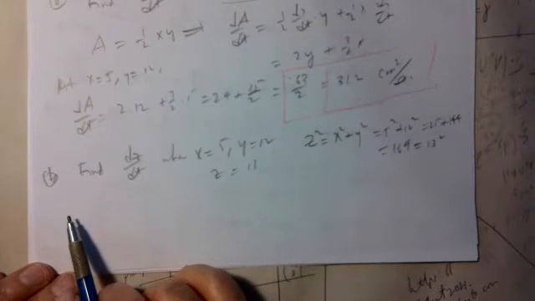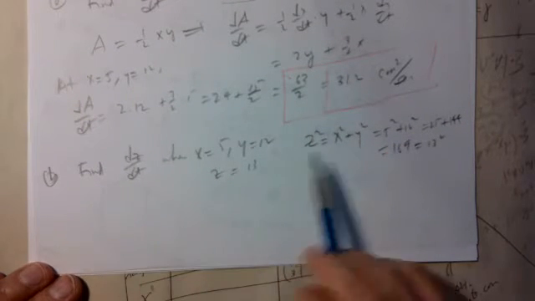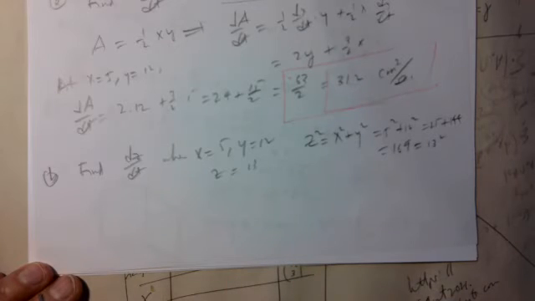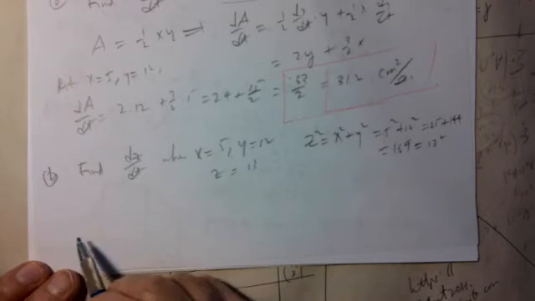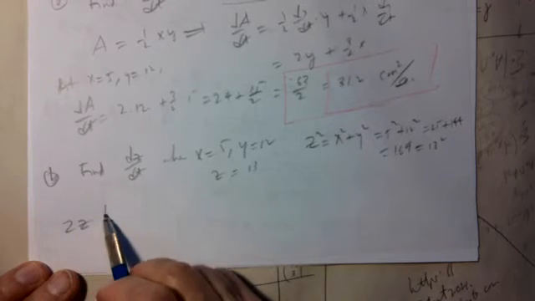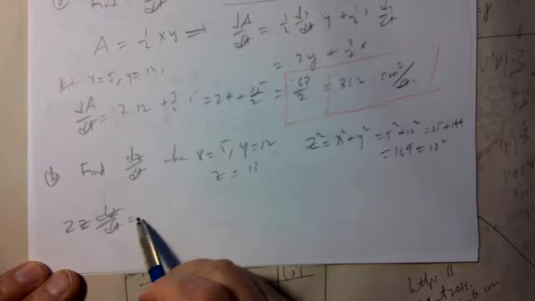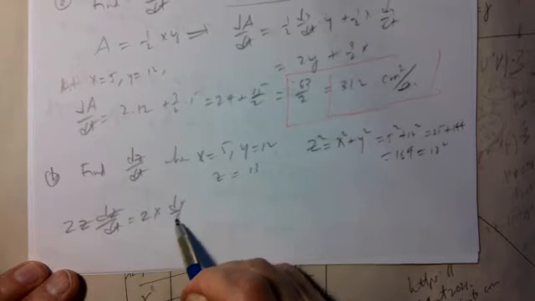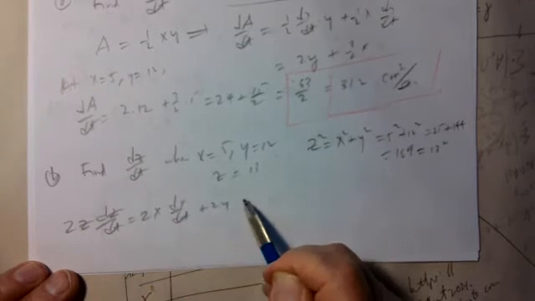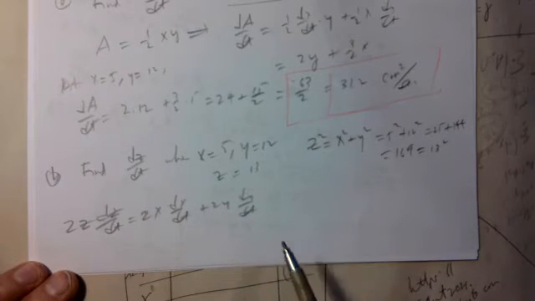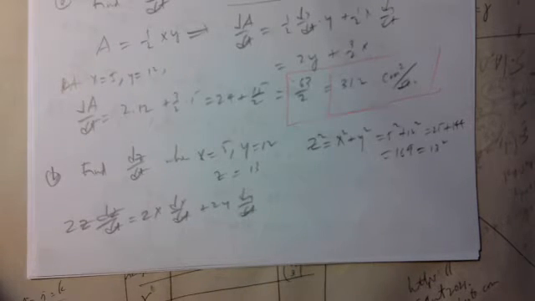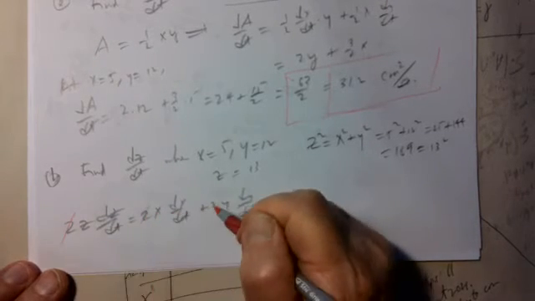So we can either solve the Pythagorean theorem for z, or we can just use implicit differentiation. 2z dz/dt is 2x dx/dt plus 2y dy/dt. Right? Of course, the 2's cancel.